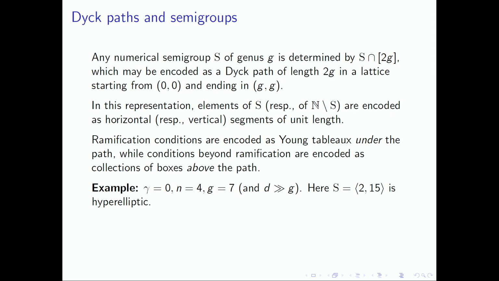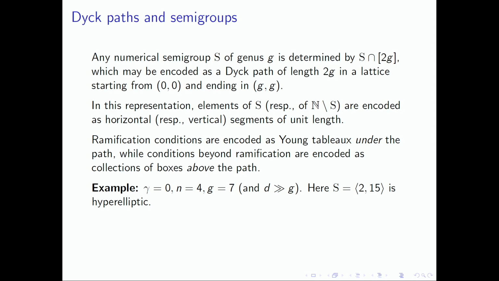So if you look at the semigroup 2, 15, it's a hyperelliptic semigroup. I'm going to assume that n is equal to 4, and there's this other caveat, which is that the degree has to be sufficiently large relative to the genus. In practice, D probably just has to be at least 2g minus 2.